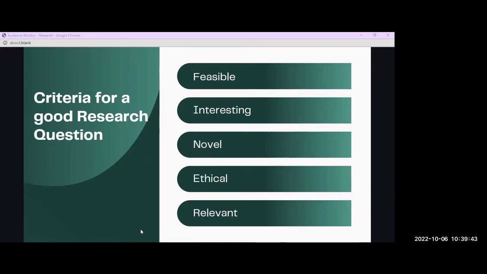So when you talk about feasibility of research, remember that sometimes we overdo our topic, and sometimes we have not forecasted what issues we may encounter in the future when conducting that kind of research. You have to understand the feasibility of your research when it comes to the number of respondents.